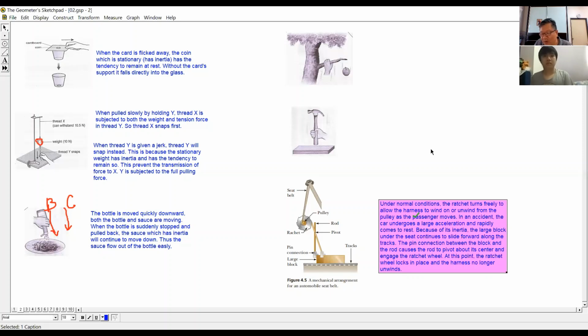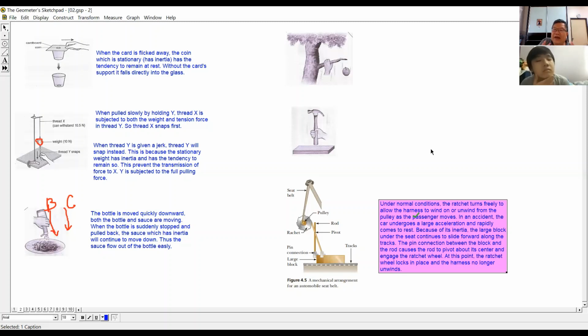Why? When the car is not moving or moving normally, you can easily pull out the seat belt. But during an emergency brake, or when the car suddenly stops because it knocked against something, the seat belt will not roll out. It will help to prevent you from moving forward.